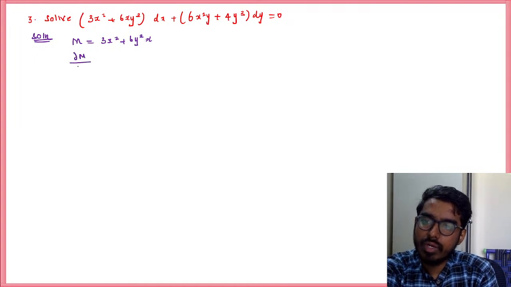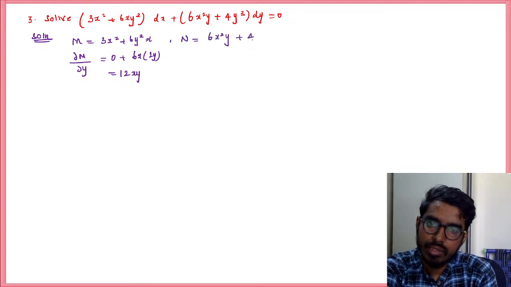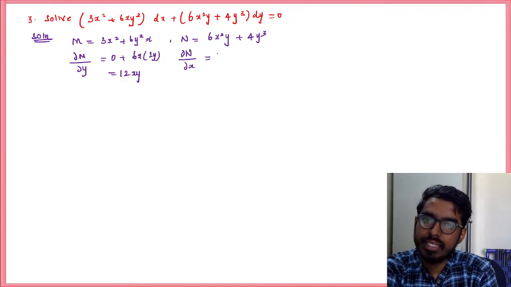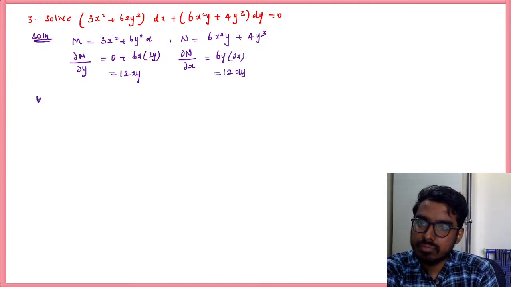Now what about ∂M/∂y? It will be 0 plus 6x is constant, the derivative of y² is 2y, so this will be 12xy. And we have N equal to 6x²y + 4y³. What about ∂N/∂x? Again 6y is constant, the derivative of x² is 2x, so we will have 12xy.